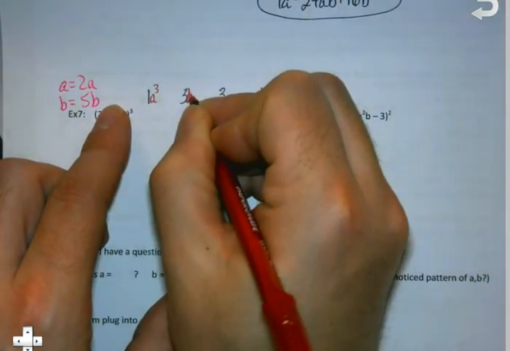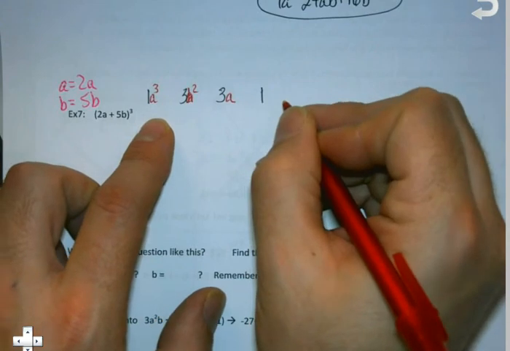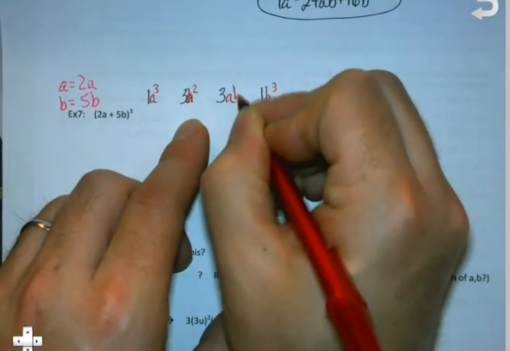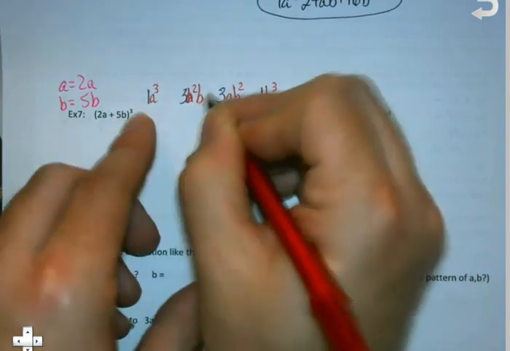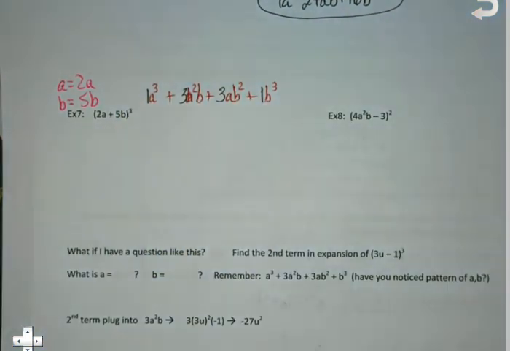Now I'll put it again: a squared, a, and then I run out. And my b's just start at the other end: b cubed, b squared, b, and then I don't have one. So just by understanding the numbers, I can recreate that line of the triangle for what I need it for.